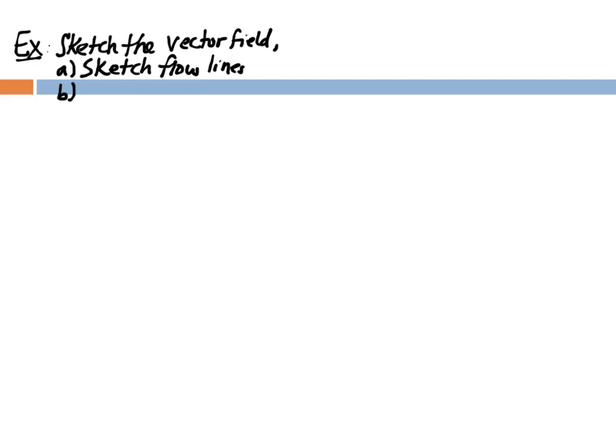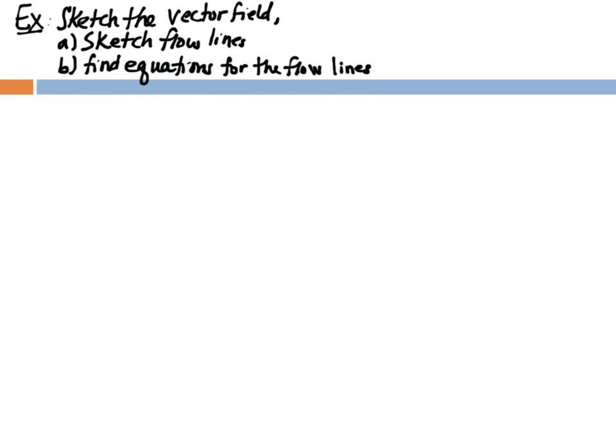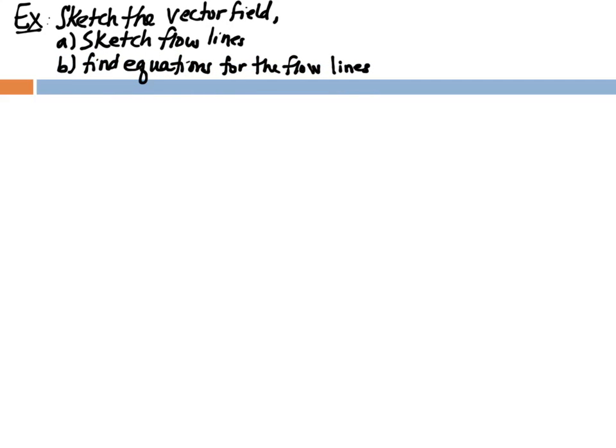And we'll say part B is to find equations for the flow lines. And the vector equation we're going to do for this one is going to be 2 cosine x.